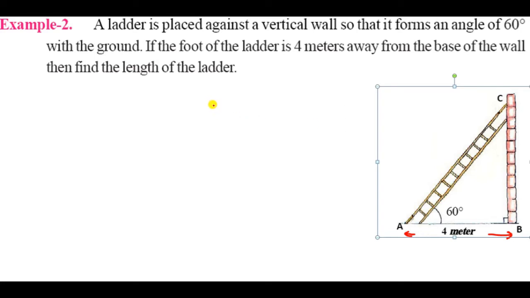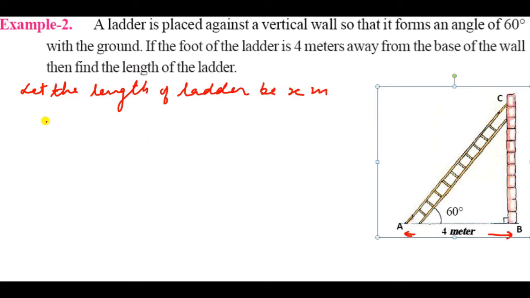Let the length of the ladder be X meter. Now in triangle ABC, taking cos 60 degree.